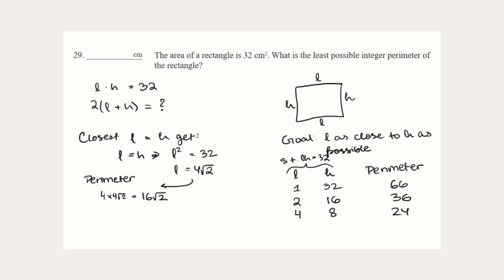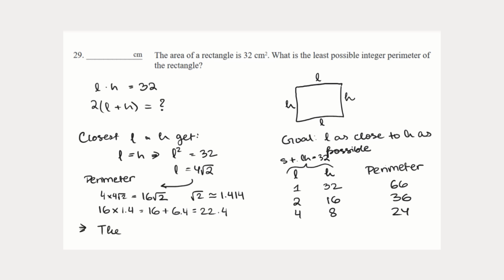One really good fact to know is that root 2 is approximately 1.414. So you can just keep the 1.4 part, and then 16 times 1.4 is 16 plus 6.4, which is 22.4.